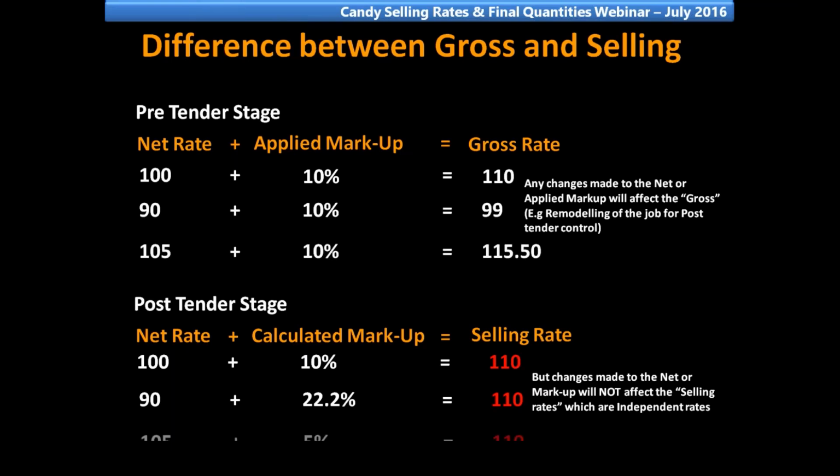Above at pre-tender, we have a rate of 105 plus 10%, and it affects the gross rate, giving it a value of 115.50. And at post-tender, if we have the rate locked, as it's regarded as a contractual rate, with a net value of 105 and a calculated markup decreasing to 5%.